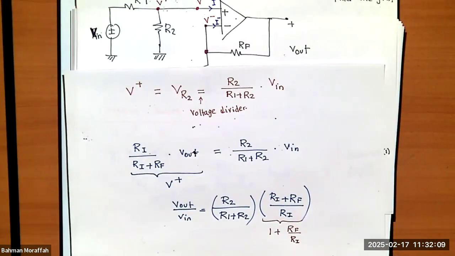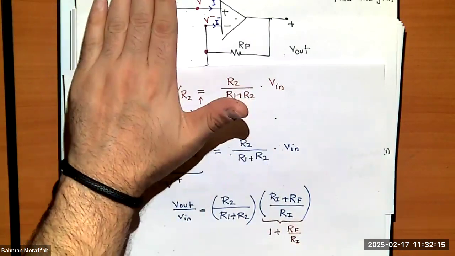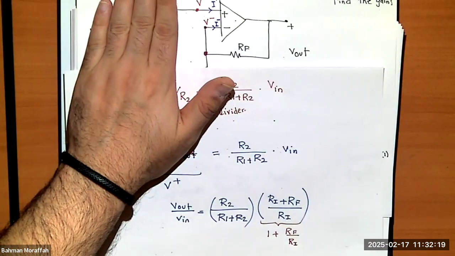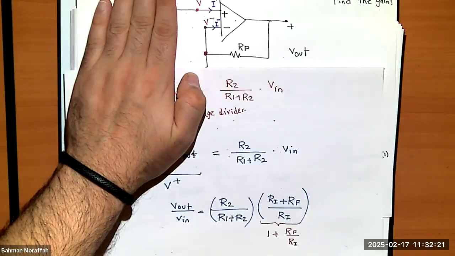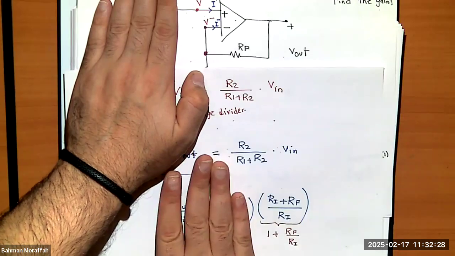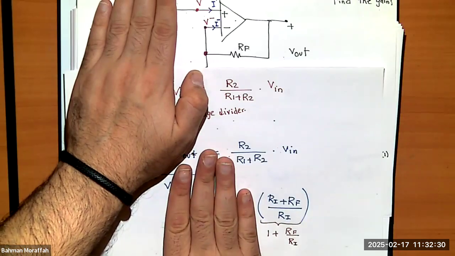It should make sense to us. Why? Because if I look at this portion of the circuit, assuming this doesn't exist, what is this circuit? It's a non-inverting amplifier, right? And the gain for a non-inverting amplifier is 1 plus RF divided by RI.